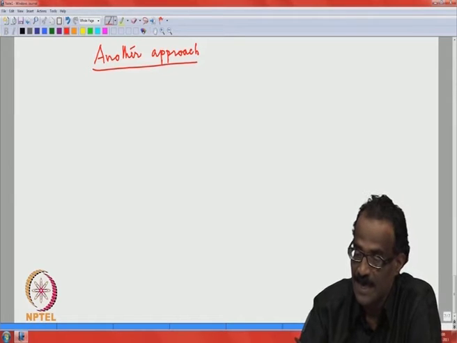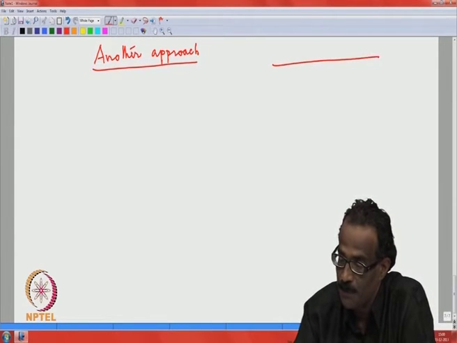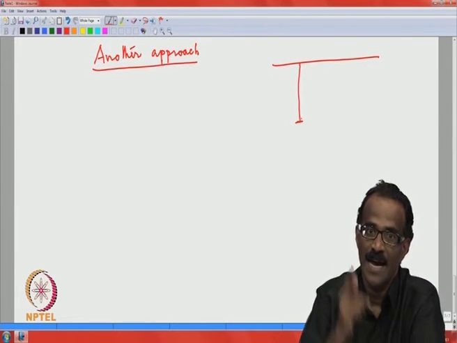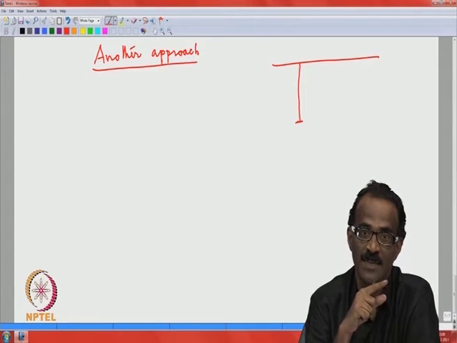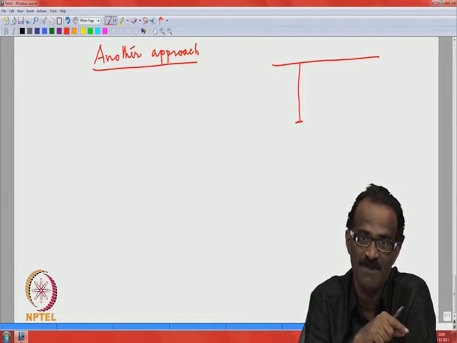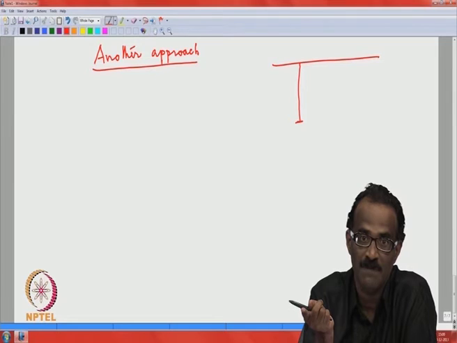So, the idea is that so far you calculated the velocity as a function. The velocity is your dependent variable and time was your independent variable.